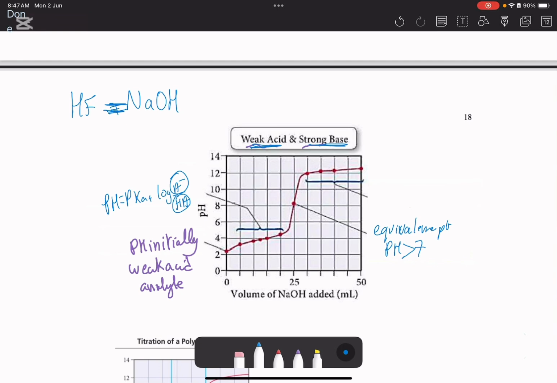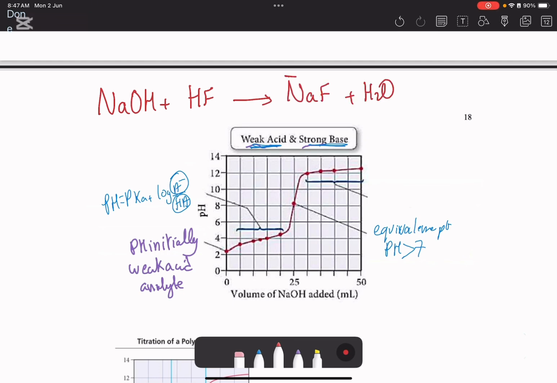So when they react together, I have F minus that is going to result from HF. I'm going to write it: NaOH plus HF gives NaF and H2O.